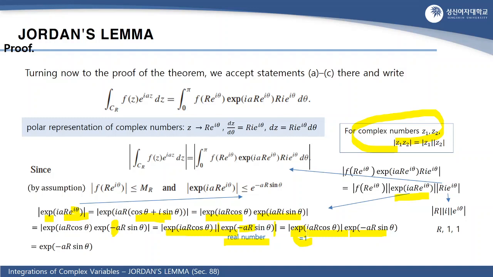You can check it using Euler's formula, because you will get a cosine term plus i times a sine term, and the magnitude of that will just be 1. Therefore, we can effectively eliminate this first term. So we get this.